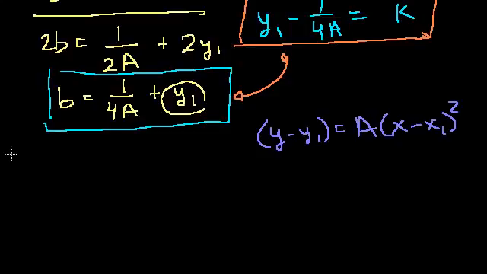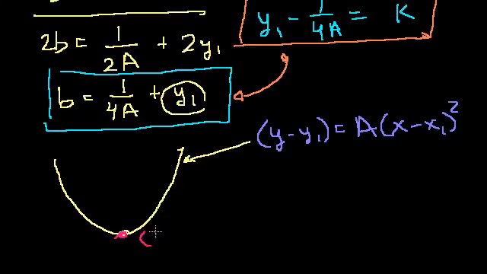I don't know where it is relative to the x and the y axis, but it'll be this U shape. I mean, it could actually be downward pointing, but I'll just assume an upward pointing parabola for now. That's this formula. Its vertex is the point x1, comma y1.